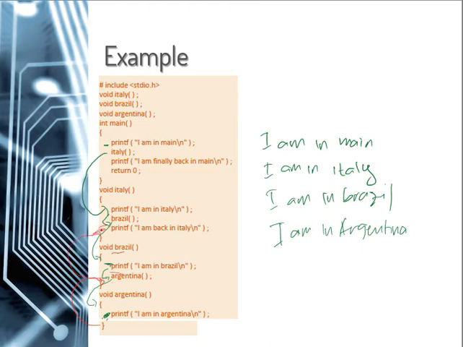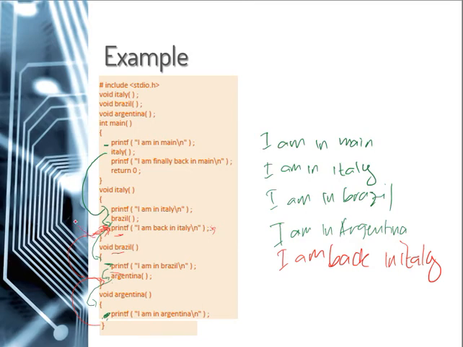Okay, so the line after the call to Brazil is this printf, I'm back in Italy. So, it will print here, I am back in Italy. So, once this is printed, it's done, right? There is no more line to execute. It's a close bracket, close curly brace.